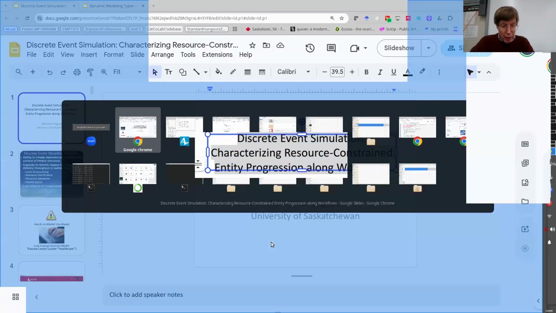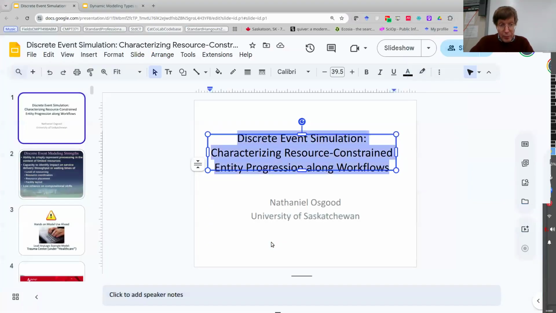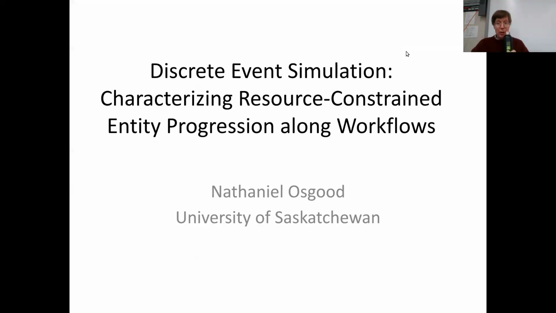Now, to that end, I'm going to be showing some slides, but also working through an example as part of this lecture to illustrate some of the concepts and to make them more concrete.